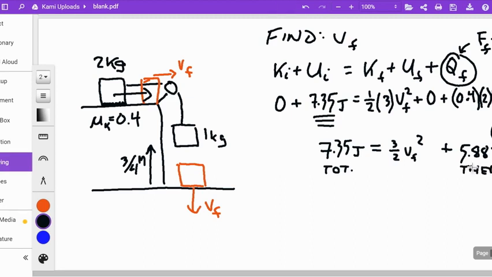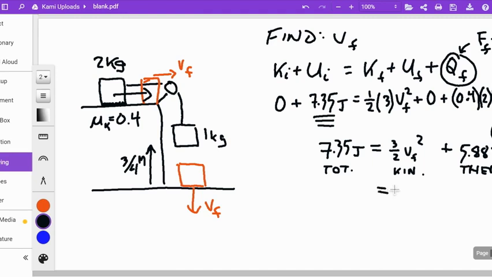And I hope you can see that we're going to have a lot less energy left for kinetic, because whatever the kinetic is, it's going to have to add to 5.88 to come up to the total of 7.35. When we solved this problem before, we didn't have any thermal energy, and all the kinetic energy was equal to 7.35. Now kinetic energy has to share with thermal. So we're going to have less, and that's going to mean the object is going to move slower. So that's a key idea there.